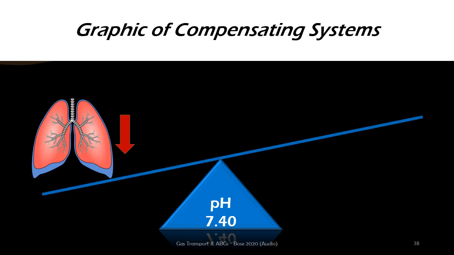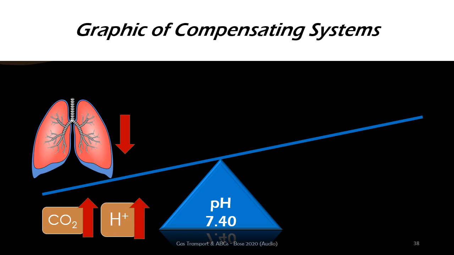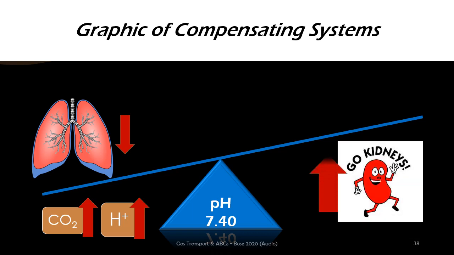Consequently, hydrogen ion is also going to go up and the pH will turn lower than 7.4, rendering the patient more acidemic. In this case, the opposing system, the kidney, will ramp up the compensatory effort.